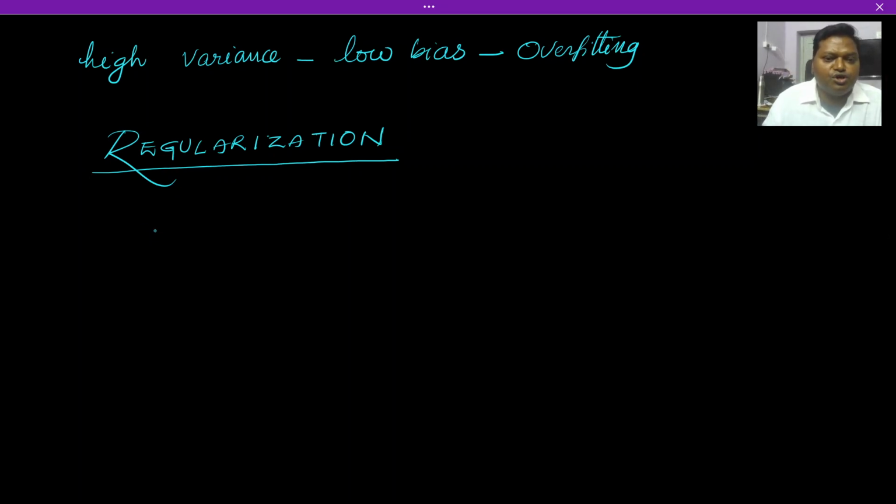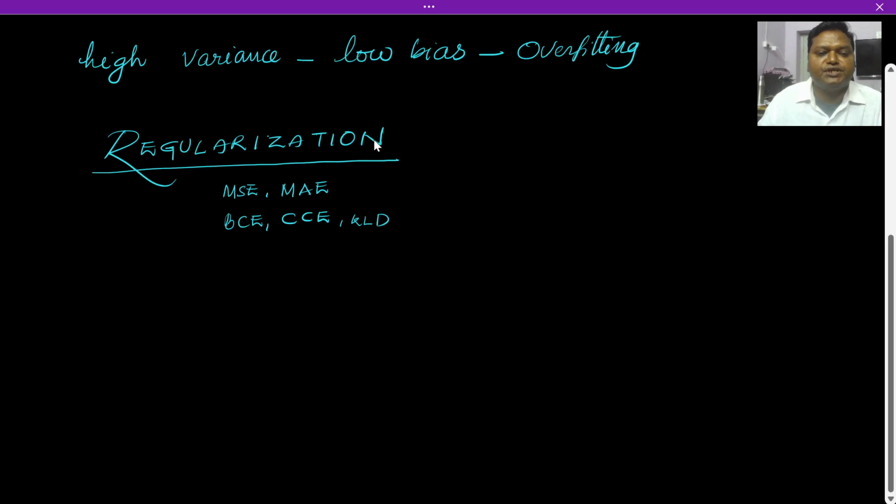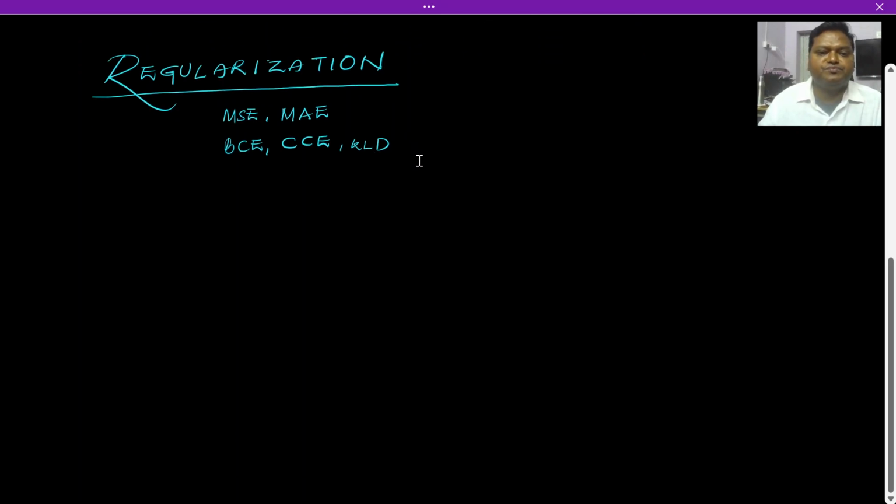Let us say our cost function may be mean square error, if it is a regression problem, or mean absolute error. If it is a classification problem, binary cross entropy for binary classification, categorical cross entropy for multi-class classification, then KL divergence, all these cost functions.